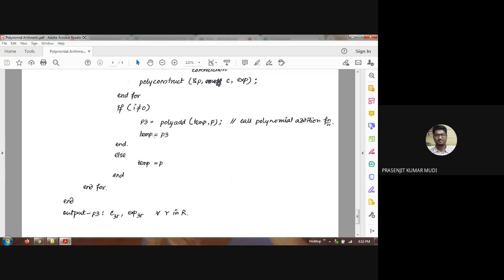The significance of temp is to store, or point towards, the added polynomial at any intermediate stage. Yes sir. And P3 is supposed to point towards the resultant polynomial. Yeah. Okay sir.